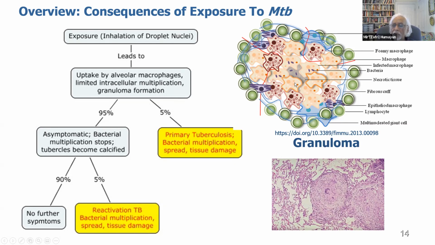In addition to this, there are several other kinds of immune cells here as well, such as foamy macrophages and so on and so forth. But the important point here is, I don't need you to memorize the name of each type of immune cell here. All we need to know is that a granuloma is a walled off area consisting of immune cells, embedded within which are macrophages which carry TB bacilli inside them.